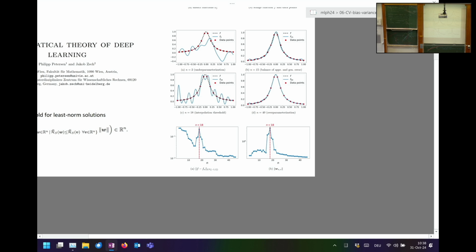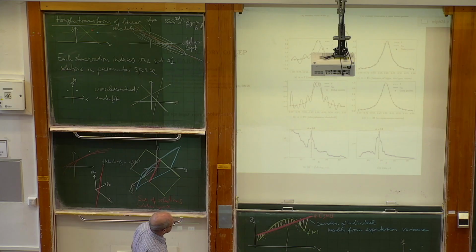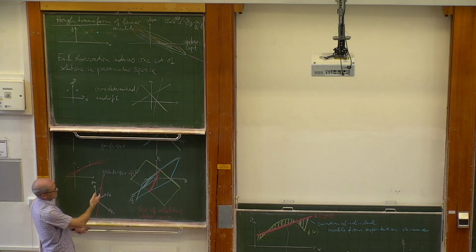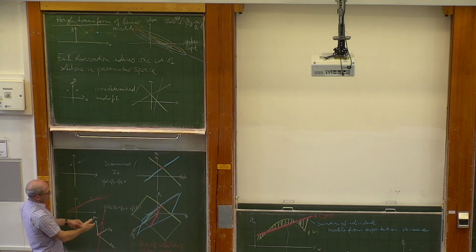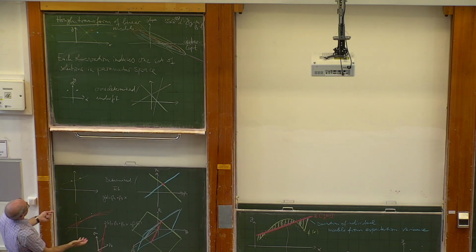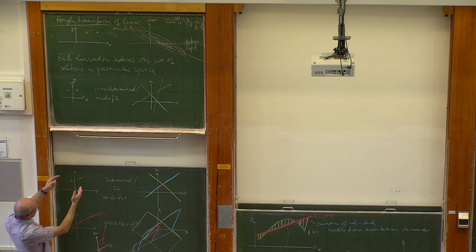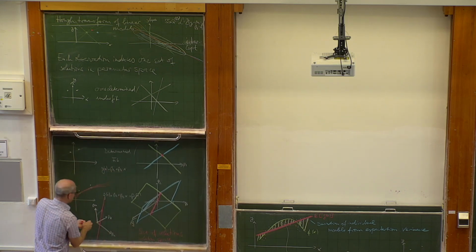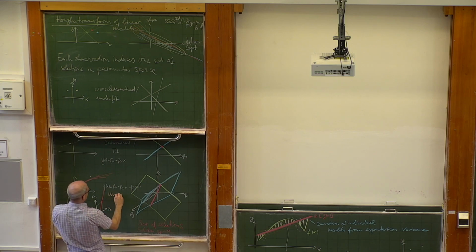And what you saw on the blackboard is just a translation into the space of linear algebra, or into the space of having overdetermined, determined, or underdetermined systems of equations. This here is an underdetermined system of equations.